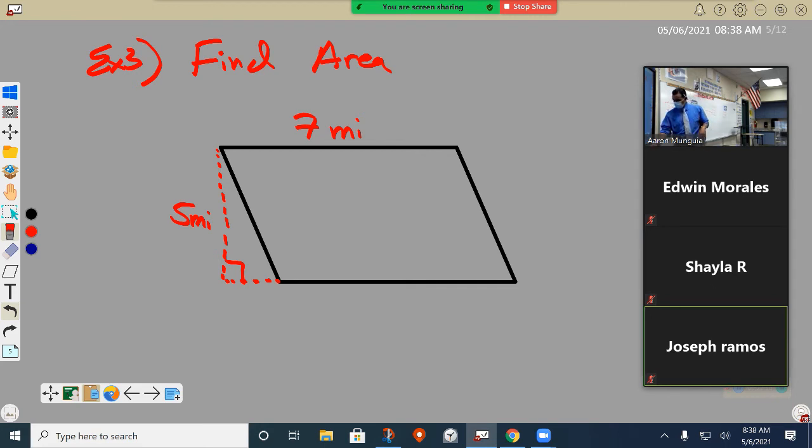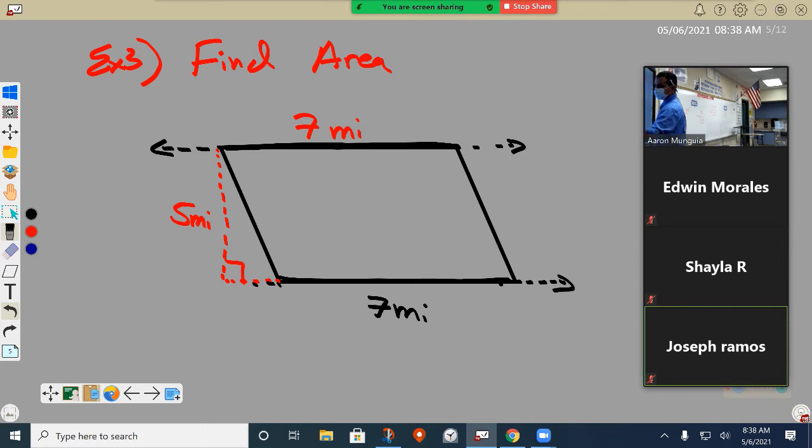Why is this a parallelogram? Well, because this side, right here, the 7, and this side, which is 7 also, they're parallel. In other words, if I were to extend them infinitely, imagine if I were to extend the lines, they would be parallel. They would go on forever without intersecting.